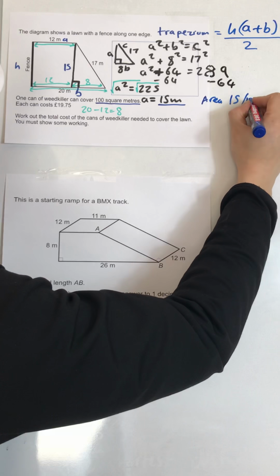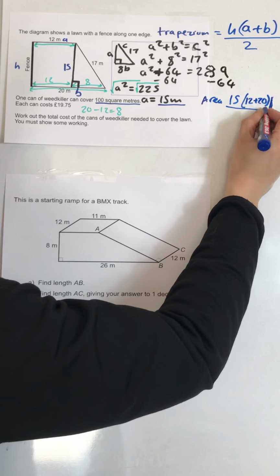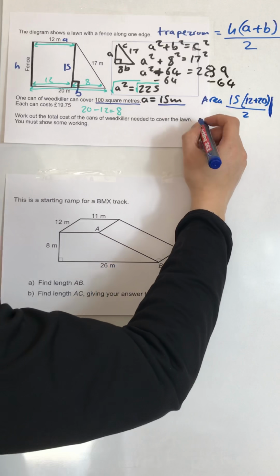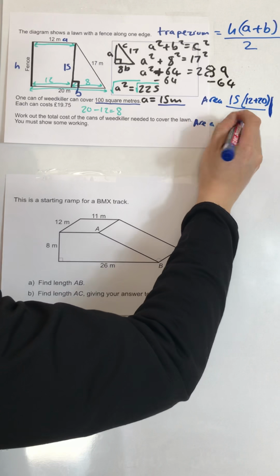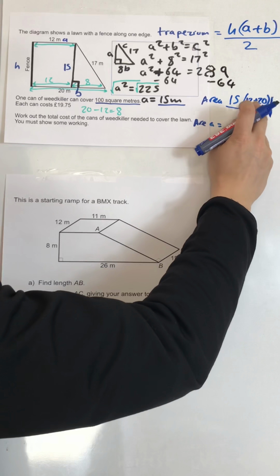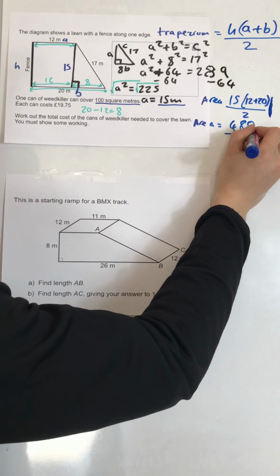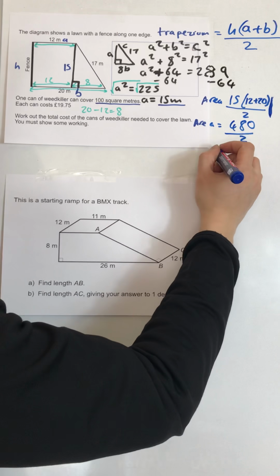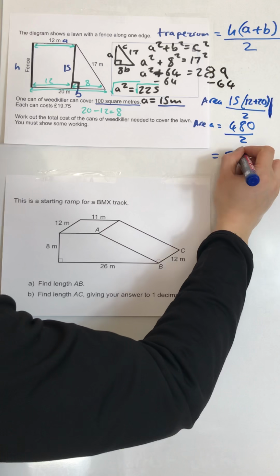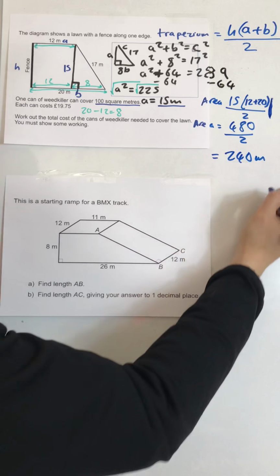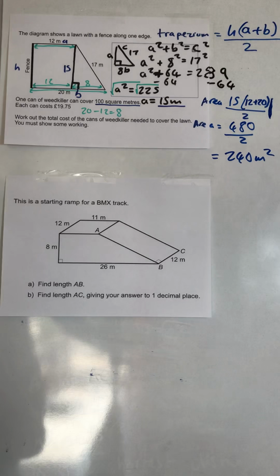So that's 12 plus 20, all over 2. So the area is going to equal, that's 32 times 15, that's going to be 480 divided by 2. So that's going to be 240 metres squared. Perfect, we found the area now.